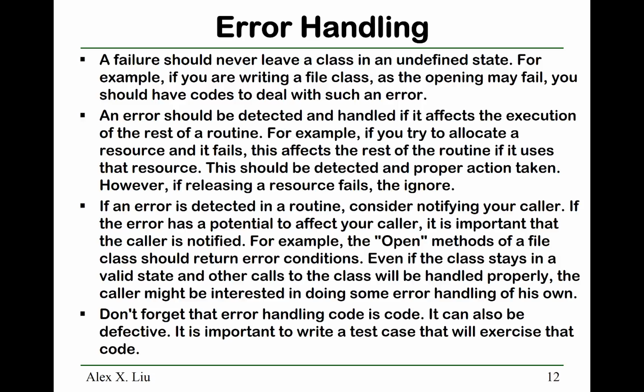And the caller might be interested in doing some error handling on their own. And don't forget that error handling code is also code, so it can be defective. It can have bugs. So it's very important that you write test cases that will test such errors.